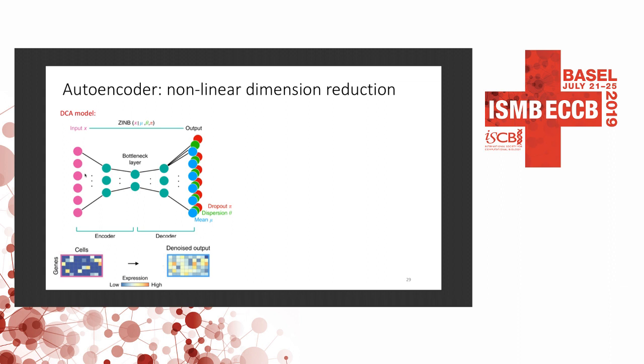But if some cells have cell types, it becomes supervised. You have some supervised component, and you can make it semi-supervised. So you can say, here I use this bottleneck layer to do classification for the cell types. I don't remember the name of the work, but there is such a thing.